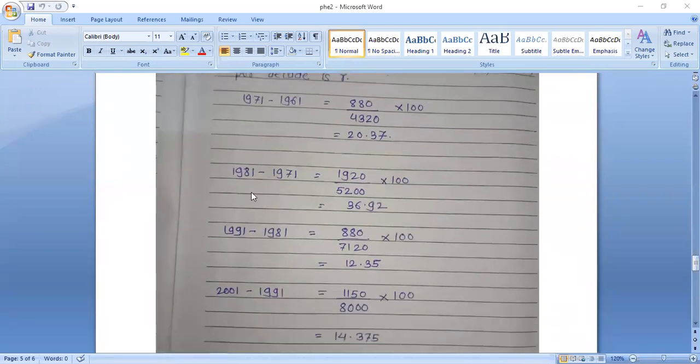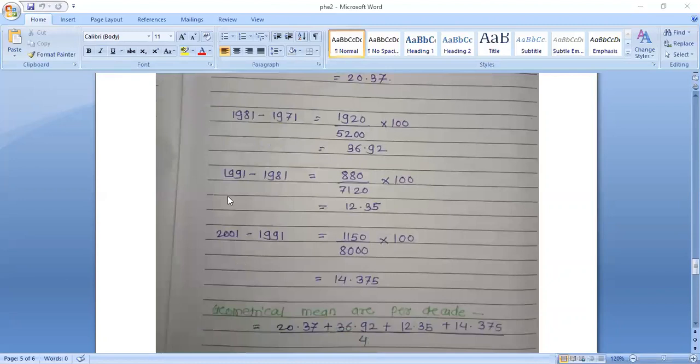Then for the second decade, that is 1971 to 1981, the value of R is equal to the increase in population for 1981 divided by the population of 1971, that is 1920 divided by 5200 into 100, that is the value is 36.92.